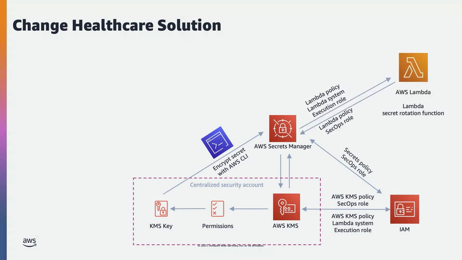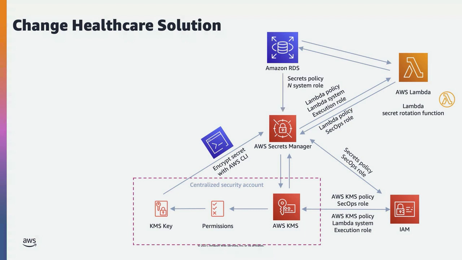And from here, we created more IAM policies with Lambda, connecting AWS Secrets Manager and giving it role-based access to AWS Lambda. We have the Lambda secrets function that was integrated with AWS Secrets Manager to go to Amazon RDS, the database that Change Healthcare chose to use on the backend, and had a secrets policy so that RDS could connect with Secrets Manager.